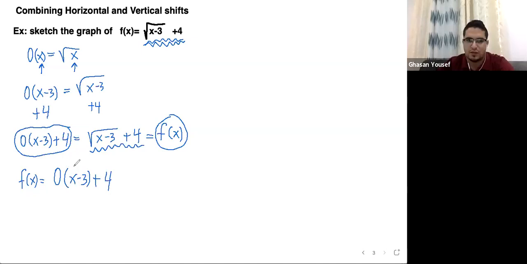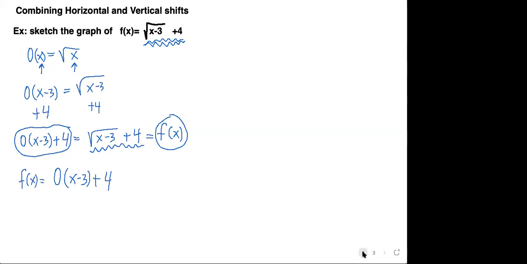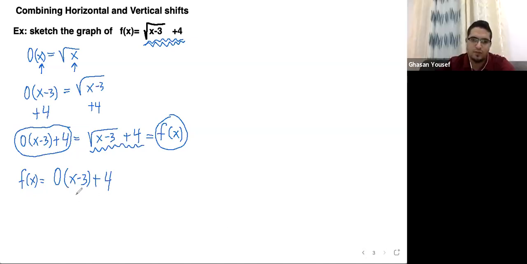But I see the minus 3 inside the function. What does that mean? Move to the right 3. To the right, exactly. This means we have to move the original function 3 units to the right. And what does the plus 4 outside mean?